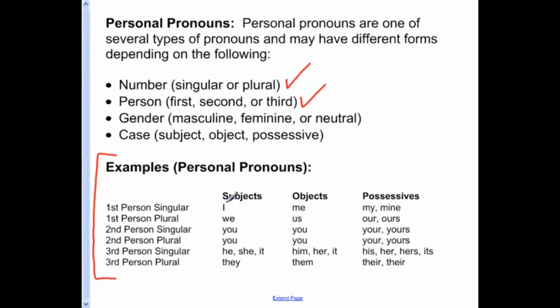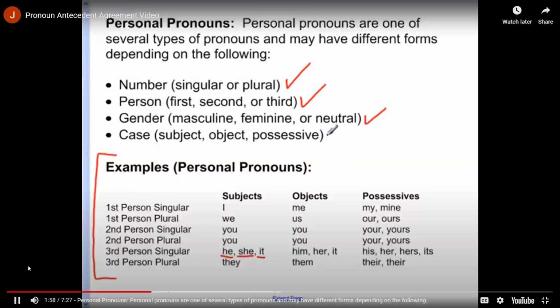For example, a first person pronoun is I, a second person singular pronoun is you, and the third person singular pronoun is he, she, or it. The gender of the pronoun, whether it's masculine, feminine, or neutral. For example, he, of course, is masculine, she, of course, is feminine, and it is neutral. And the pronoun case, whether the pronoun is a subject in the sentence, an object in the sentence, or whether the personal pronoun is used to indicate possession.